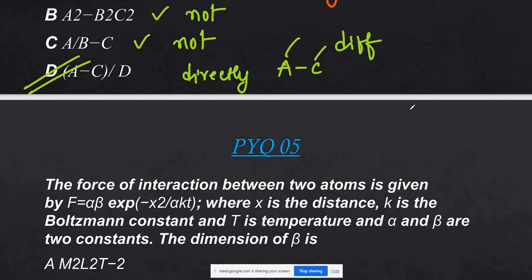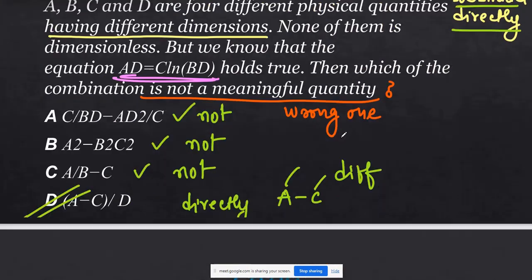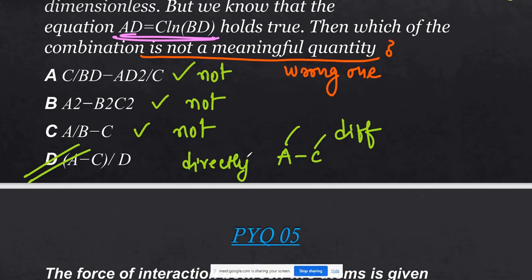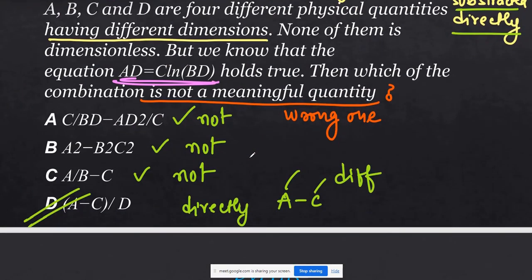Same units, then you can do addition and subtraction. Different means you can't do it, right? In the question they have said different dimensions, so you cannot do direct addition or subtraction, but option D says A minus C, directly subtraction. So this is not a meaningful one, this is a wrong one. This was a previous year question. Clear? Yeah, ma'am. Clear.